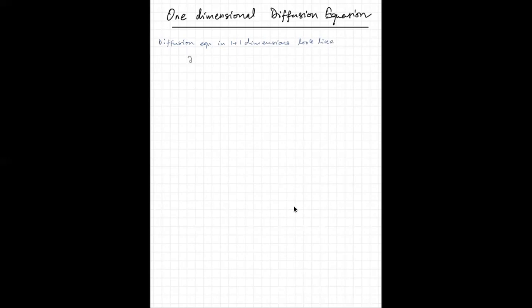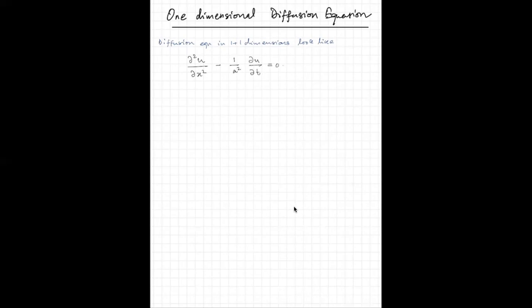Del squared u over del x squared, minus (sorry, not plus) 1 over a squared del u del t, equal to 0.